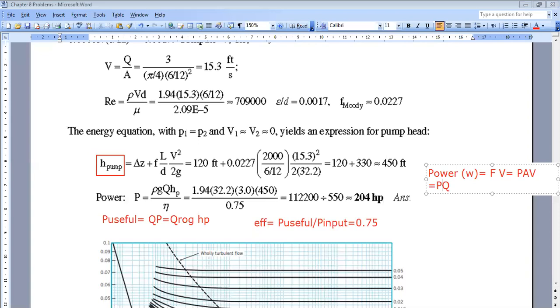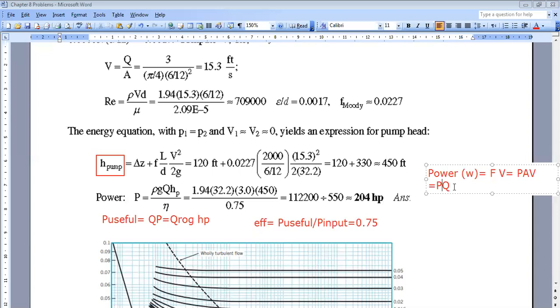Energy can be in different forms: pressure, motion or kinetic energy, or hydrostatic, and all of them have the same unit. The hydrostatic pressure is rho G H, the actual H, while the equivalent term for a pump is rho G times the head of the pump.